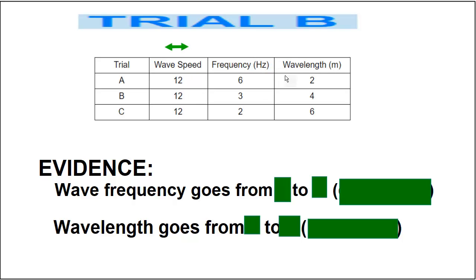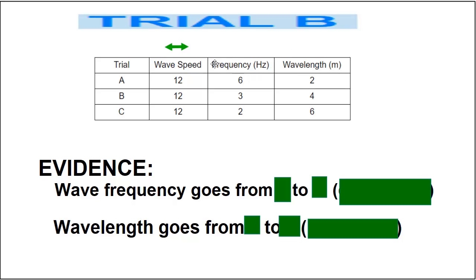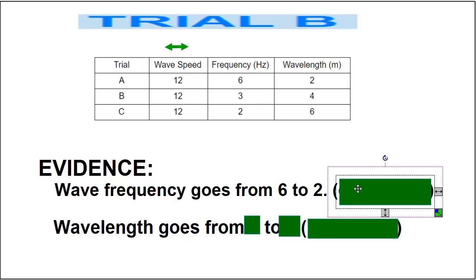So the entire claim evidence reasoning is going to be about frequency and wavelength. Let's write out our evidence right away. What is frequency doing? Wave frequency goes from 6, 3, 2. It goes from 6 to 2. So is that increasing or decreasing?